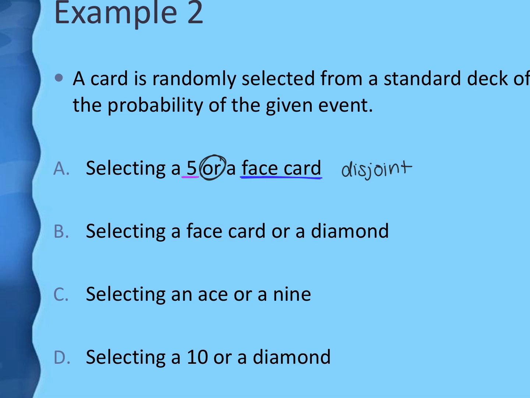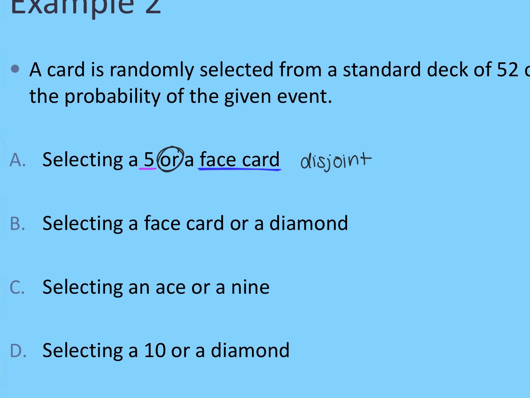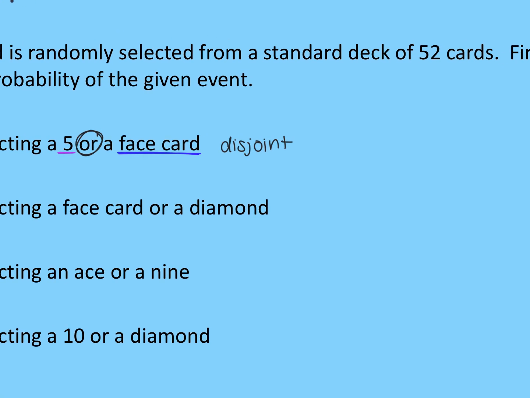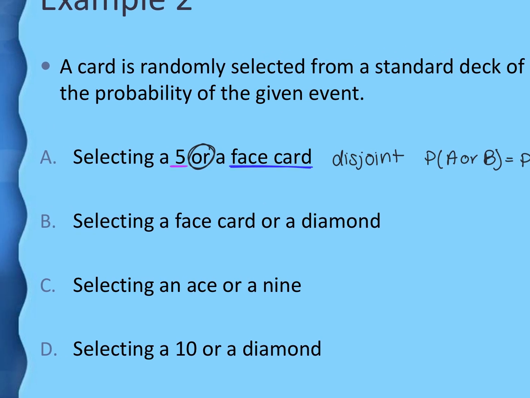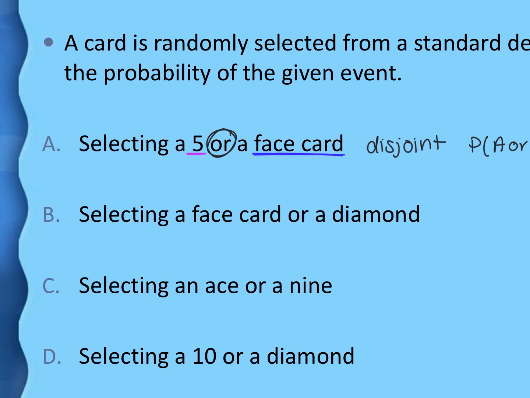And then I'm going to write the formula for disjoint. My formula for the disjoint is the probability of A or B equals the probability of A plus the probability of B. That's what I'm going to have. Now I'm going to write my probabilities.